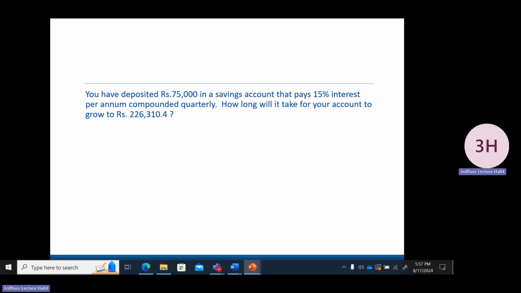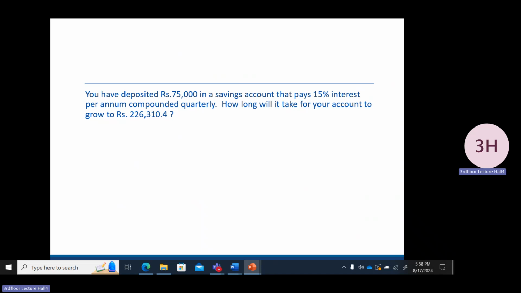Now we have to solve this for X. So we can apply log.